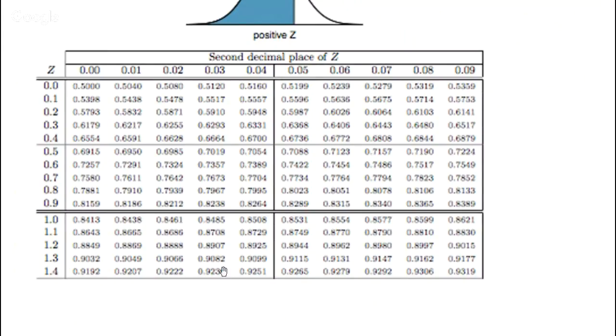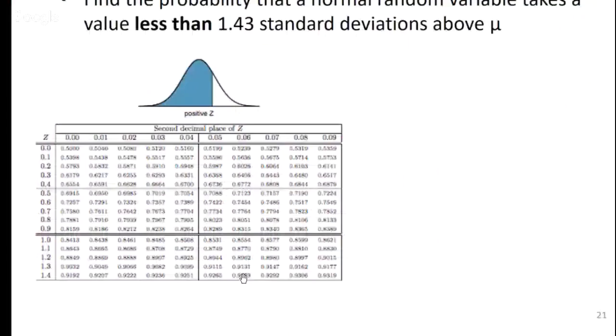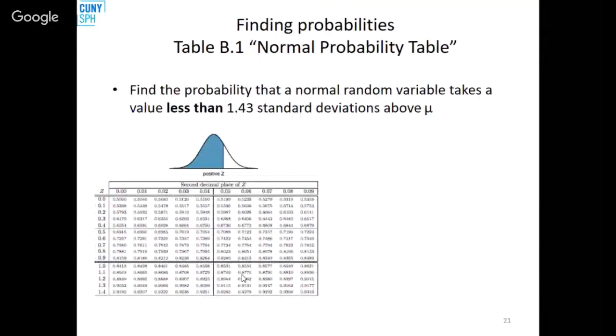It's 0.9236. So your probability of an observation that is 1.43 standard deviations above the mean or less than that is 92.36%. Indeed it is.